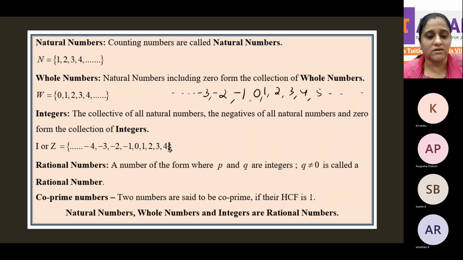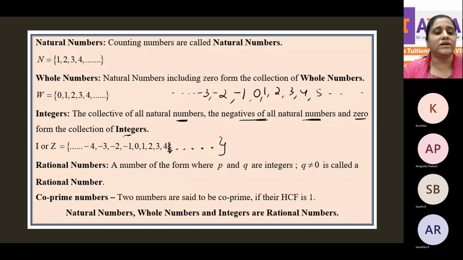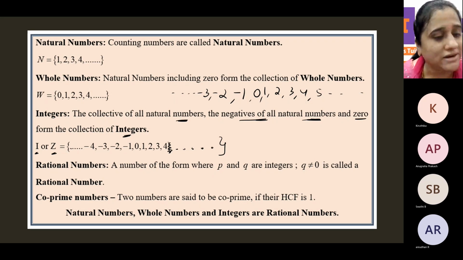I'll change this, it goes on like this. So the collection of all natural numbers, the negatives of all natural numbers, and 0 form the collection of integers. Integers are represented by the capital letter I or Z.